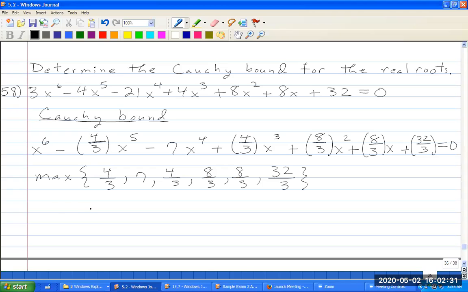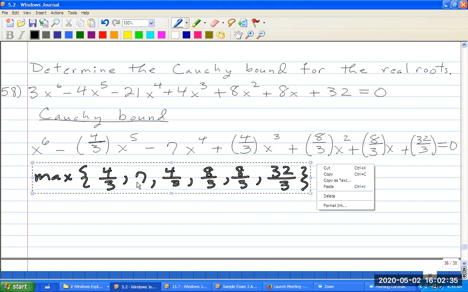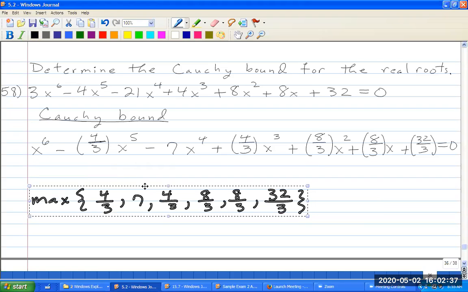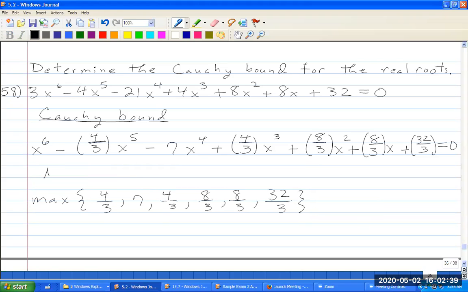So the largest of those, I'm going to call this M. And so the largest of these is just 32/3.